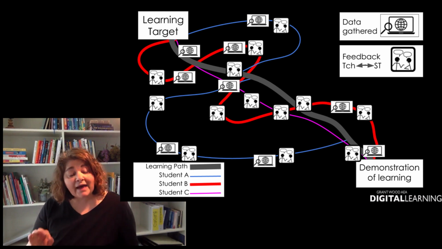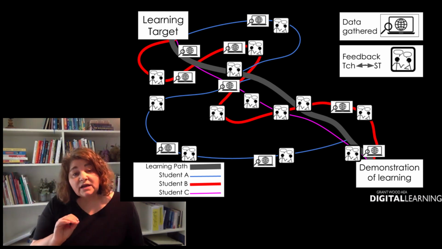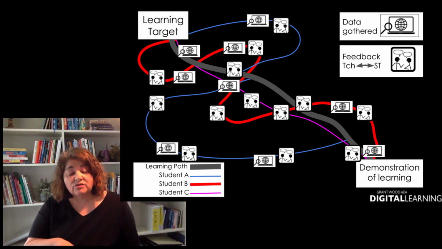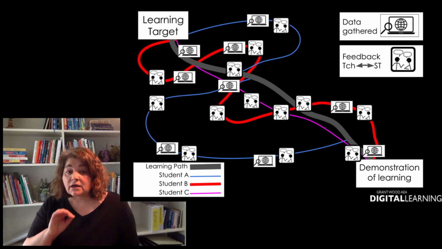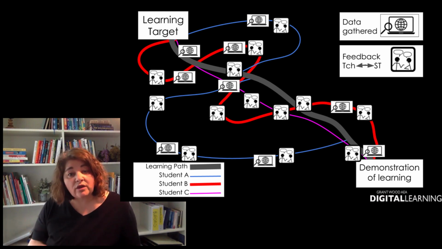And then the path changes, because based on what we know a student knows, we change the path for that student. Now, I would like to suggest that that's a partnership. It's not just the teacher changing the path for the student, but the student begins to own the learning more and more, and they are part of this changing path.